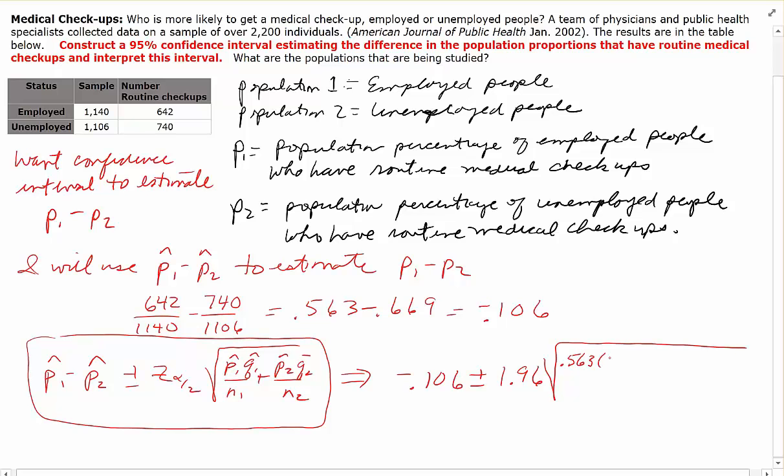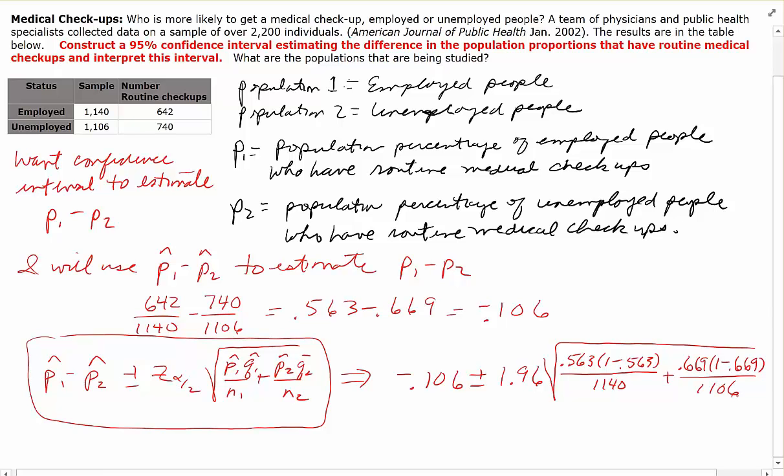0.563 times 1 minus 0.563 divided by 1,140 plus 0.669 times 1 minus 0.669, and then divided by that sample size, 1,106.